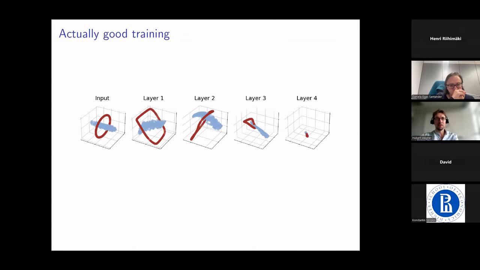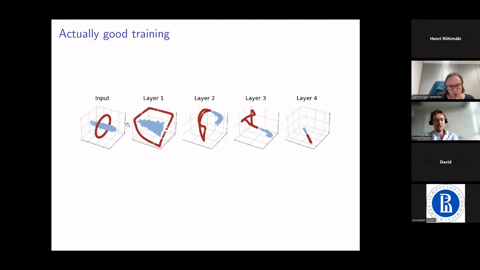But as the model learns, it does realize that it's a good idea to really disentangle those two pieces of data. And around here, what it does, instead of constricting this red loop, it actually opens it up. And then this makes it easy to really separate those two pieces of data.